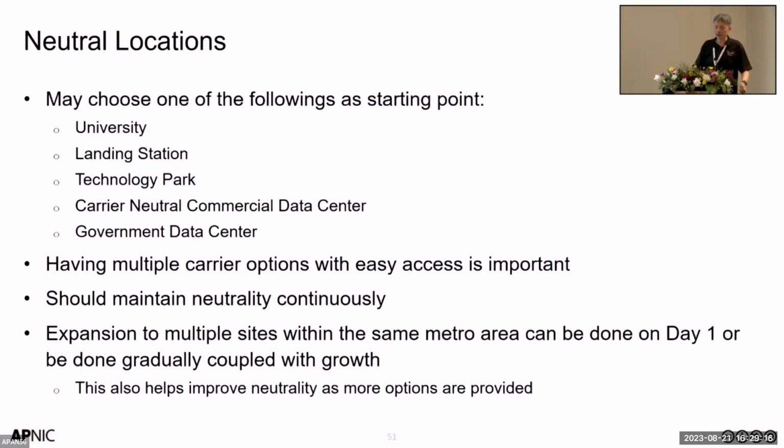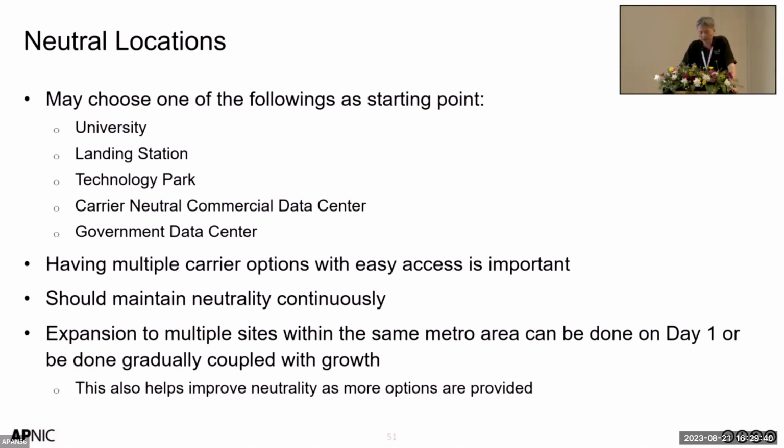But as for the location of the IX, we think starting from a neutral location would be a good starting point. Maybe a university can play the role, maybe a landing station, a technology park, maybe a carrier-neutral commercial data center, even a government data center can play a role.